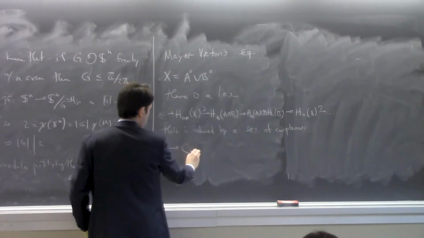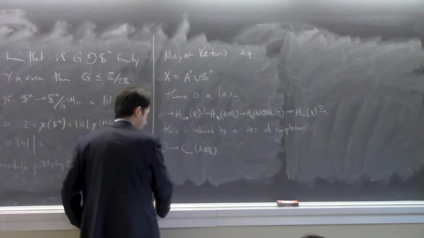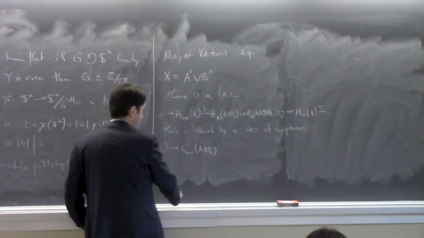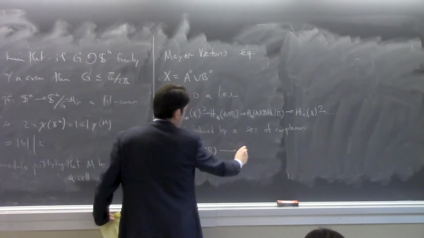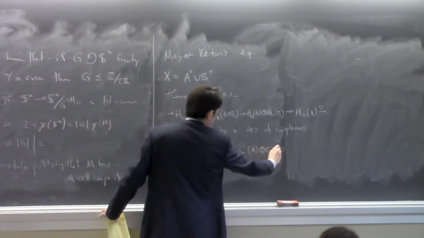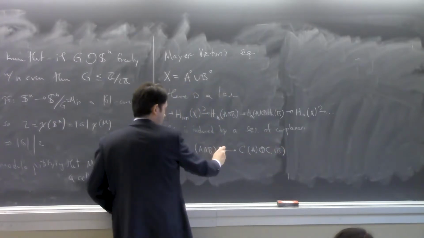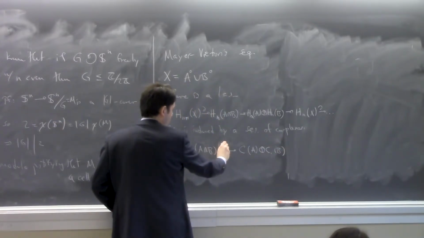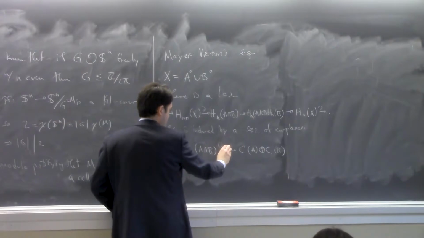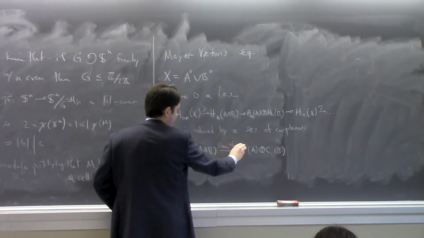So take the sequence, the singular simplices in the intersection, and map this to the sum by taking the inclusions, and let's say you change the sign here.